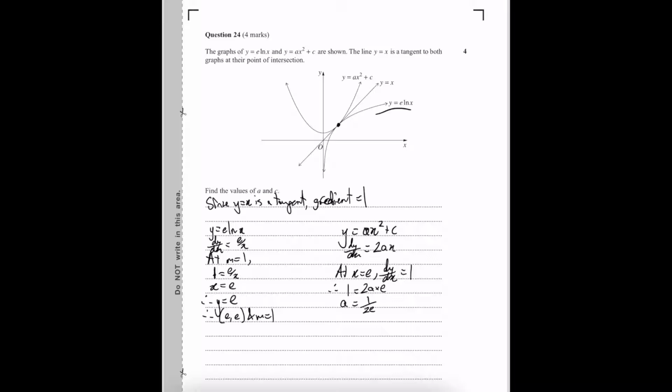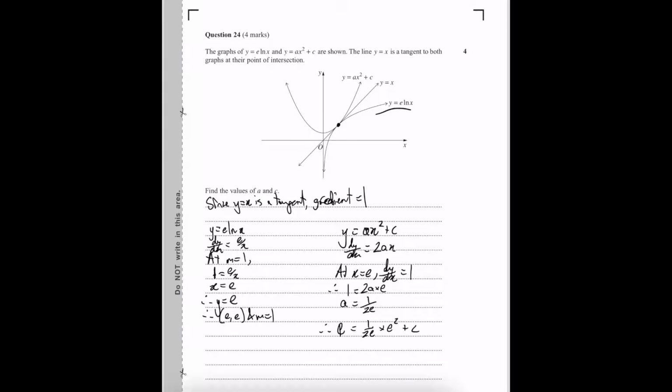Now that we also know this, we can then say therefore y equals e, e times 1 on 2e, which is a, times e squared, which is the value for x, plus c.